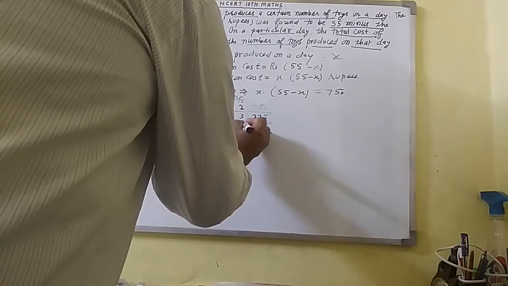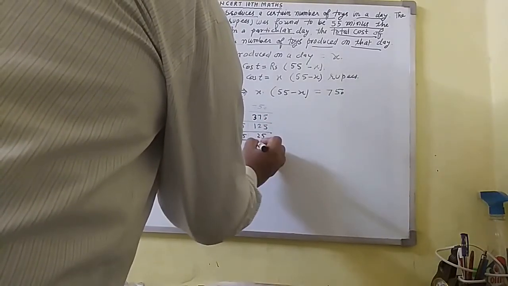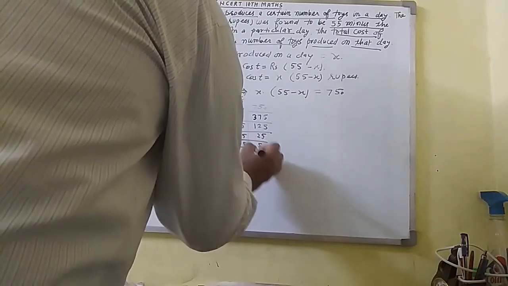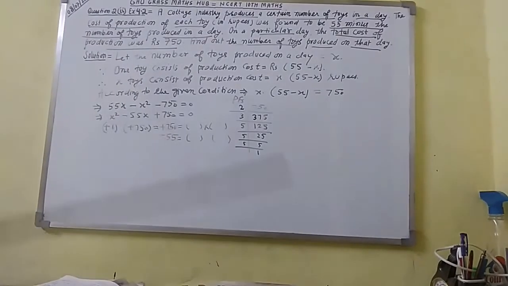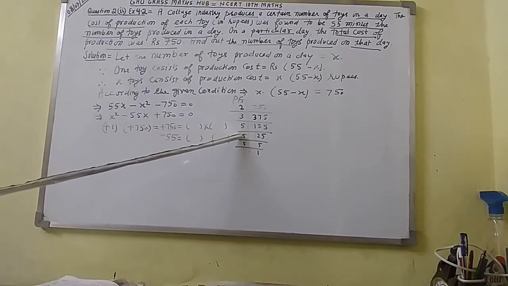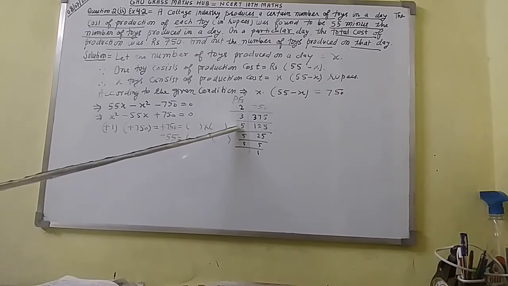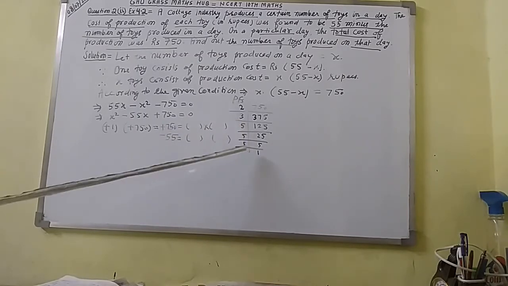Now divide by 5, you will get 25, then 5, then 1. Then you get the prime factors 2 into 3 into 5 into 5 into 5. 3 twos are 6, 6 fives are 30, 30 fives are 150, and 150 fives are 750.